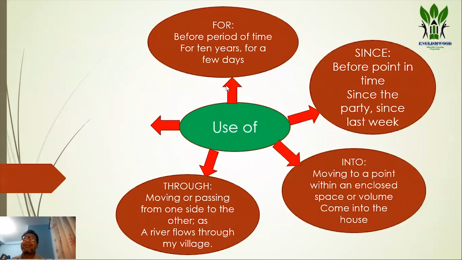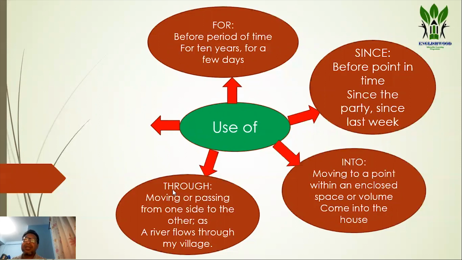So, use of "for": before a period of time, for 10 years, for a few days. We use "since" before a point of time: since party, since last week, since January. "Into": moving to a point within an enclosed space or volume, come into the house.